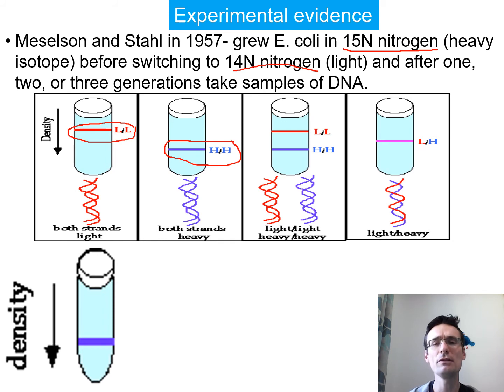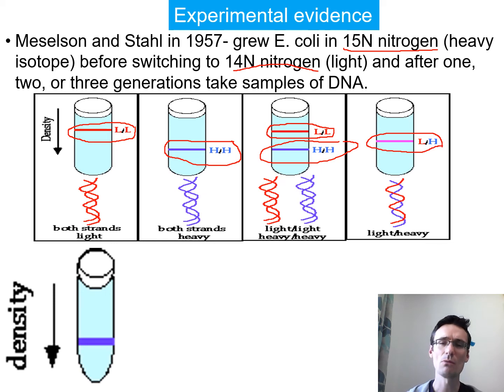If you had conservative replication, you would get a line of light-light and a line of heavy-heavy. But if you had semi-conservative replication, which means you've got one strand from the old DNA and one strand from the new DNA in your double helix, you would have a light and heavy strand there in the middle.